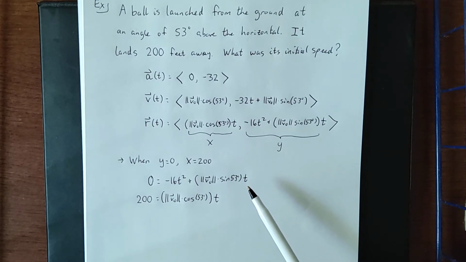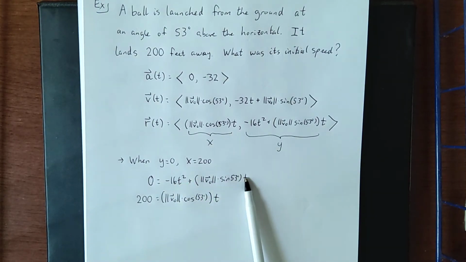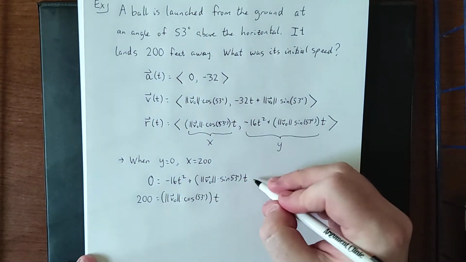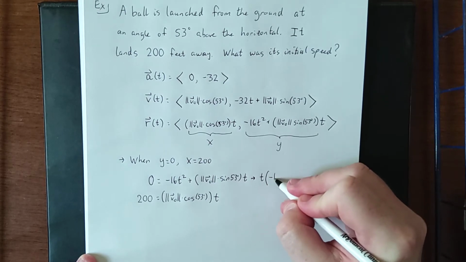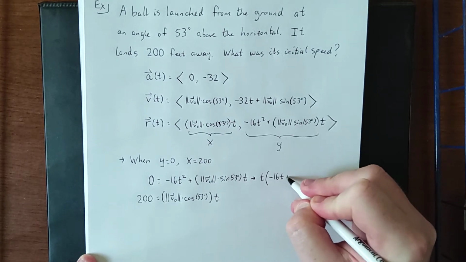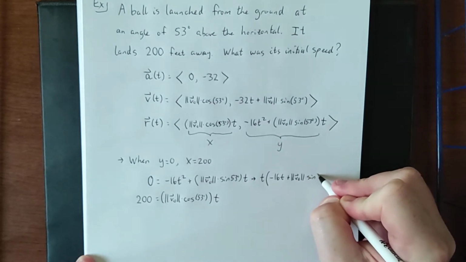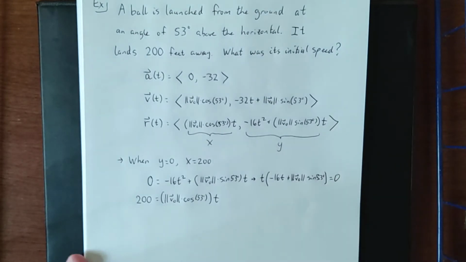Now, strange as it might seem, I'm actually going to recommend that you solve for t in the first equation. Reason being, you already have this in a form where we can factor out a greatest common factor, interpret it, and set it equal to 0. So either t or negative 16t plus initial speed times the sine of 53 degrees is equal to 0.